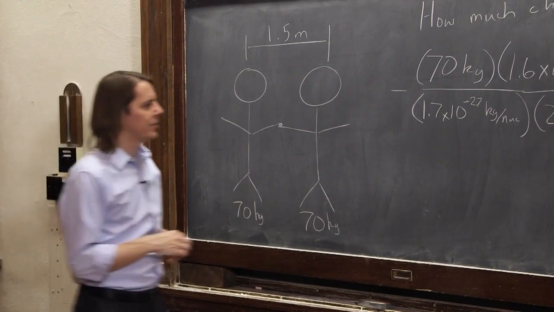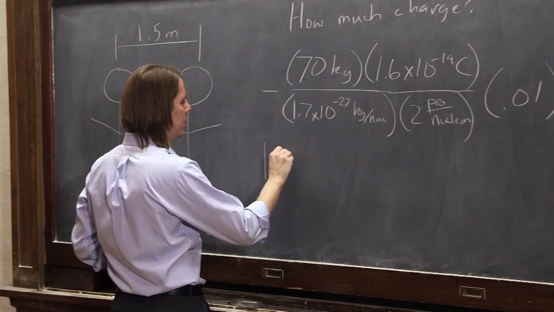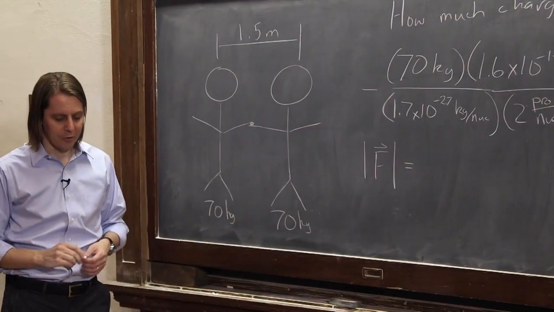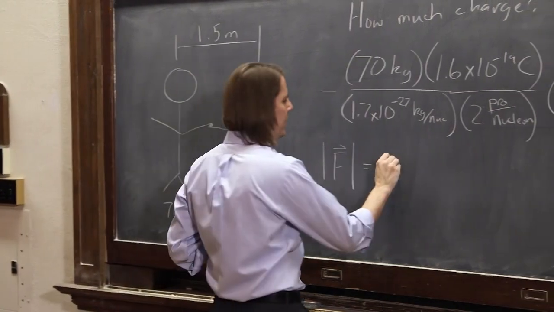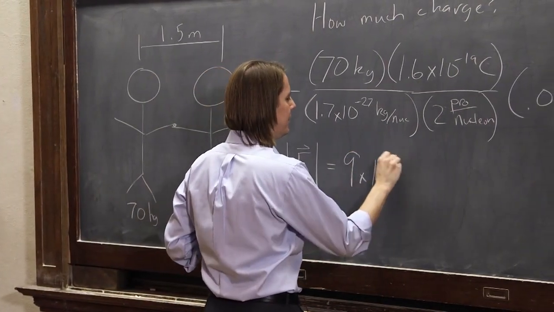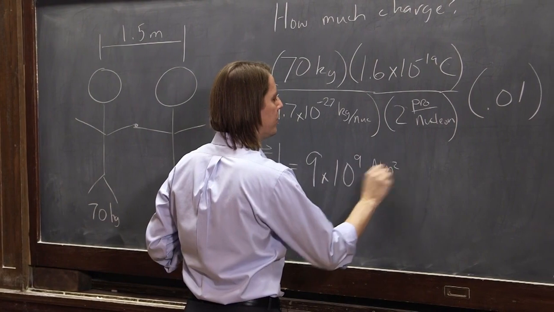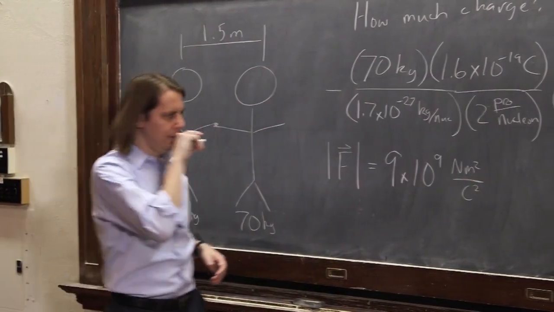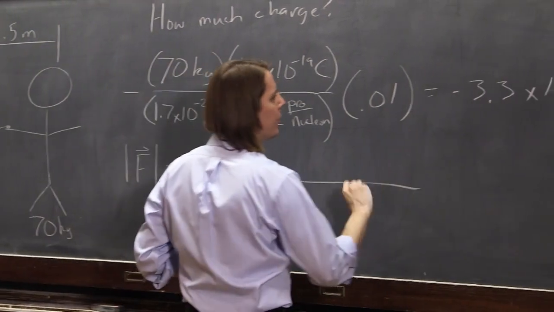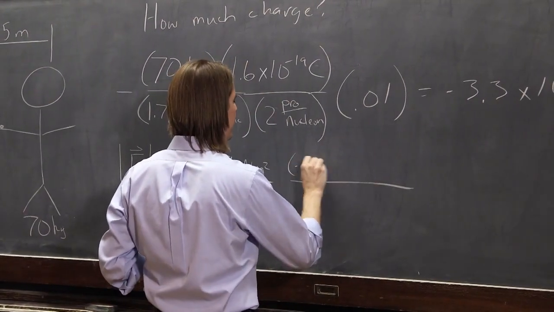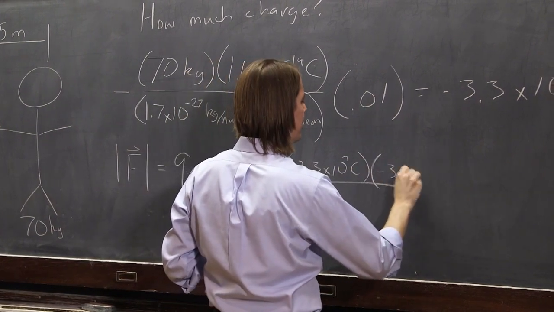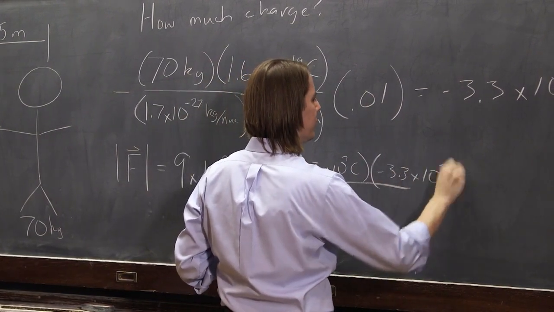So now let's calculate the magnitude of the force using Coulomb's law, the magnitude part. So it's 9 times 10 to the 9 newton meters squared per coulomb squared, there's k_e, times minus 3.3 times 10 to the 7 coulombs times minus 3.3 times 10 to the 7 coulombs.